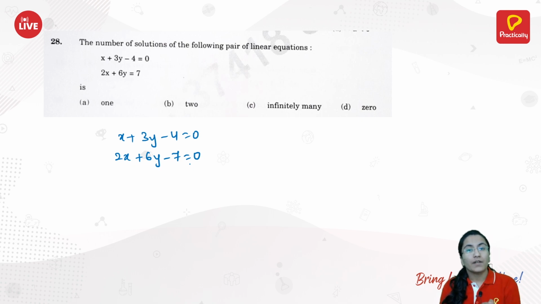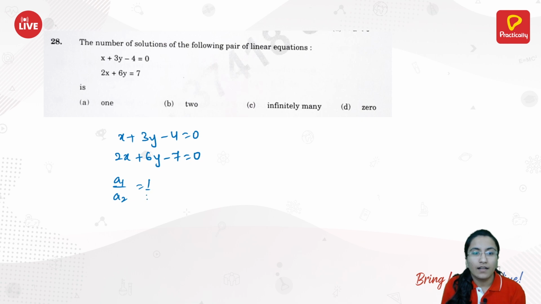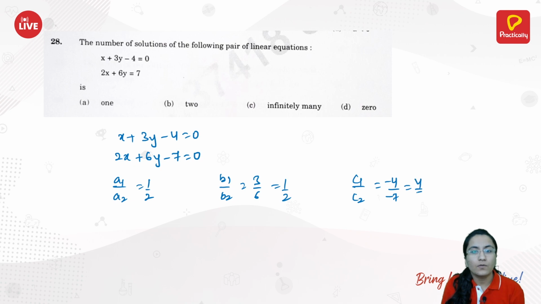Now compare a1 by a2, b1 by b2 and c1 by c2 so that we can check how many solutions it has. So we have a1 by a2 as 1 by 2, b1 by b2 is 3 by 6, which is again 1 by 2, and c1 by c2 is minus 4 by minus 7, which is 4 by 7.